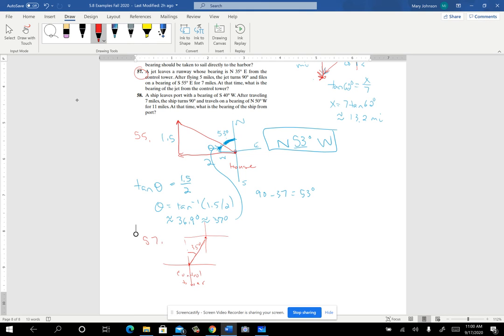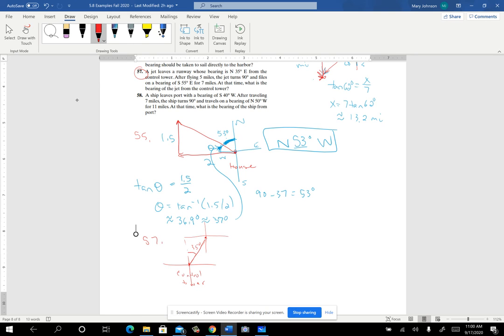Okay, going south 55 degrees, turns 90 degrees, and flies on a bearing of south 55 degrees east for 7 miles. So I'm wondering if that's, yeah, that can't be from the control tower.